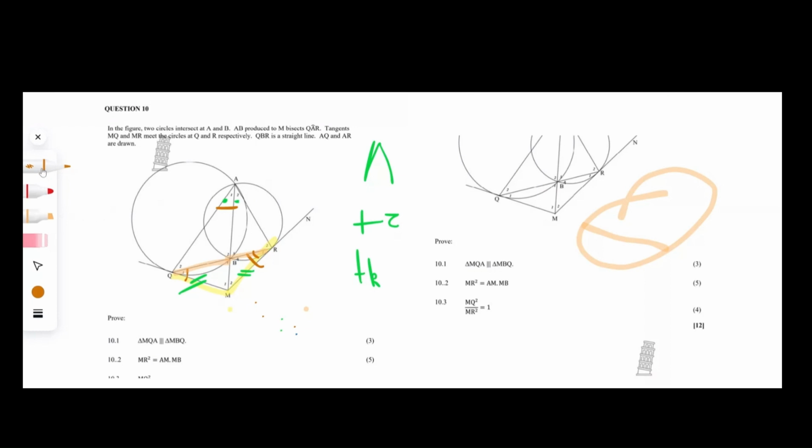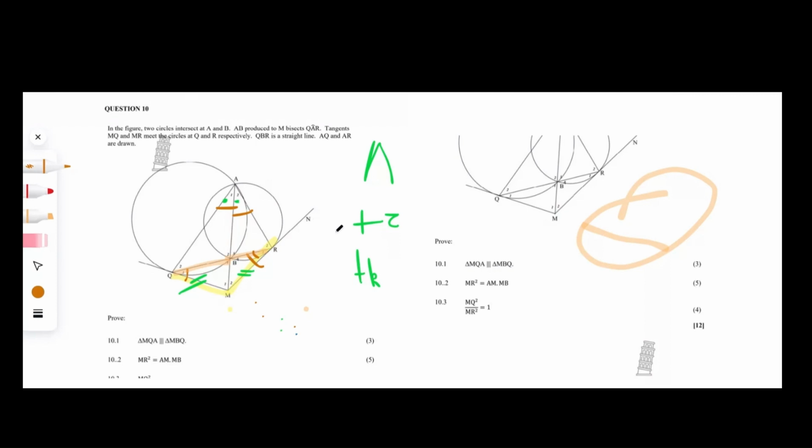This is exactly what you're going to do. Take your pencil, trace the lines from each end of the chord all the way to the circumference of the circle. Trace it. It ends right over there. Do the exact same thing on the other side. Trace it. It ends over there. Meaning that R1 will equal A2. R1 equals A2 because of the tan chord theorem.